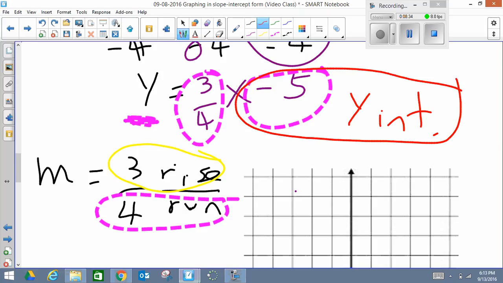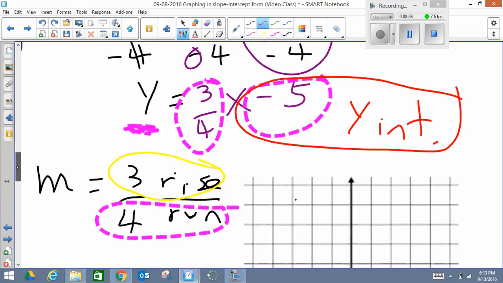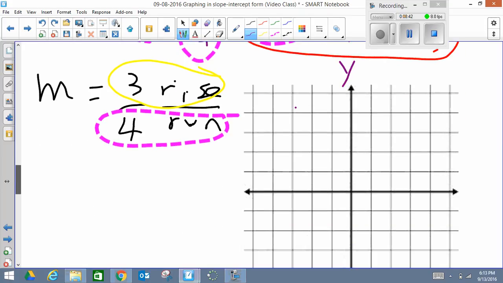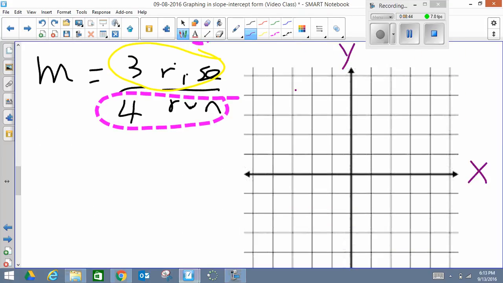So that's the number that I'm going to plot. Remember, this is your y-axis, the vertical axis, and this is your x-axis. My y-intercept is negative 5, so I always start in the origin. I always start here in the origin.